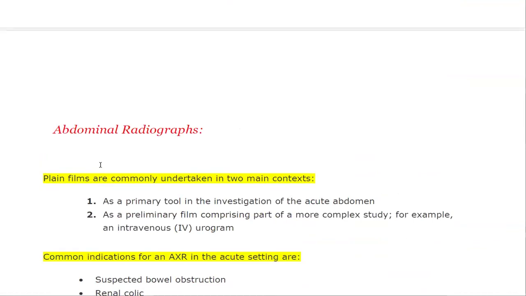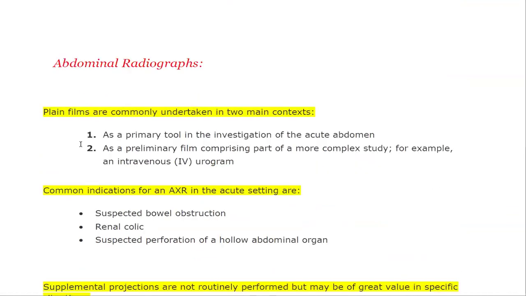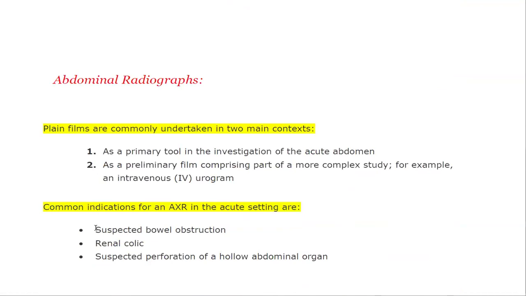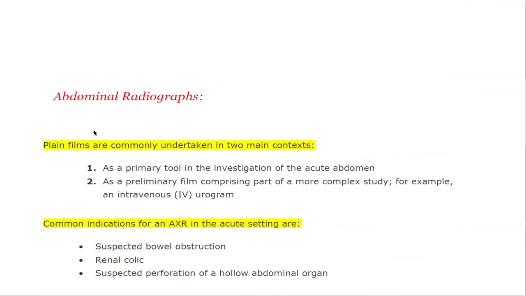Next it's about the abdominal radiograph. I don't think we are going to use all of this, but I'll give you a sample before going to the question part. Abdominal radiograph, this is very important to know. Plain films are commonly undertaken in two main contexts. Okay, a primary tool in the investigation of acute abdomen.